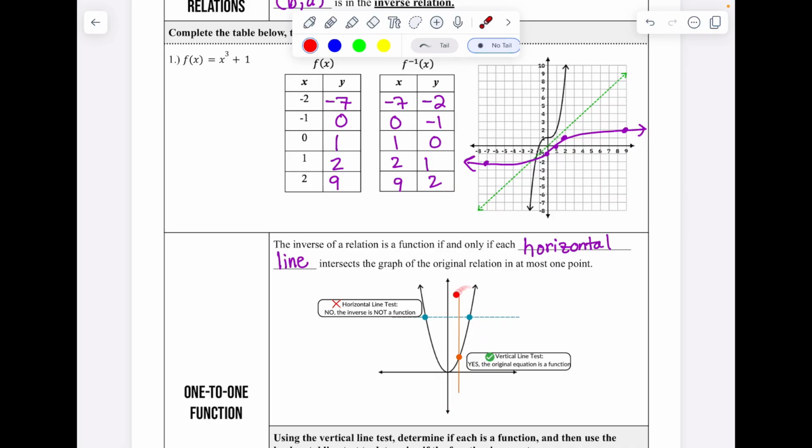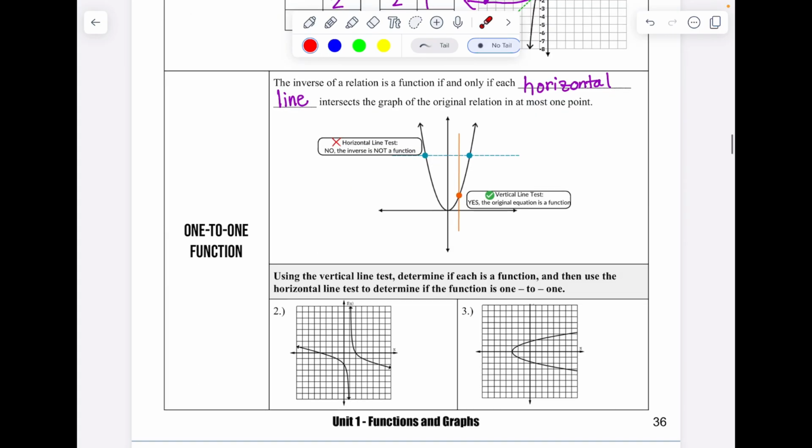It passes the vertical line test, so a quadratic is definitely a function. But if we try the horizontal line test, it fails. The horizontal line touches a parabola in two different spots. So that tells us that the inverse is not a function, and so it is not a one-to-one function.